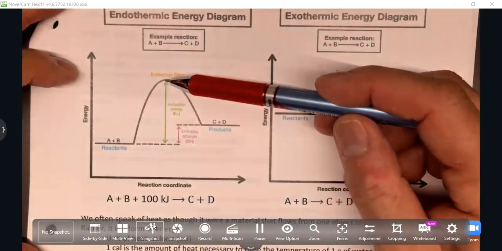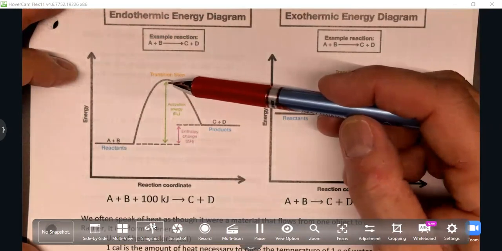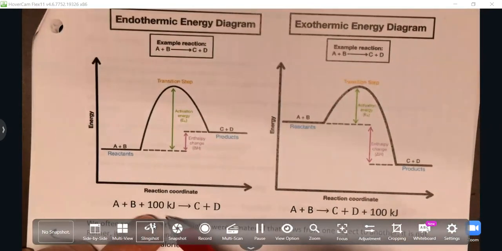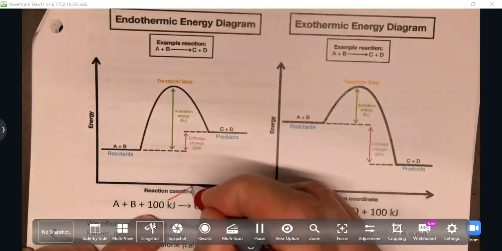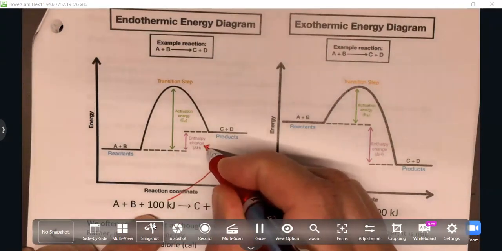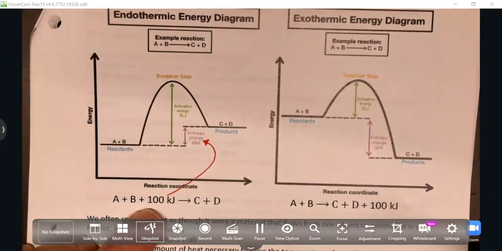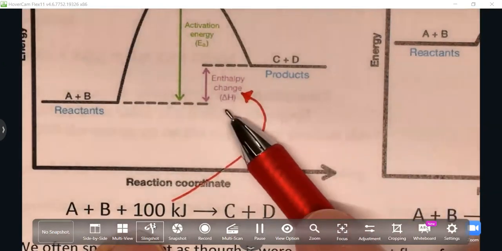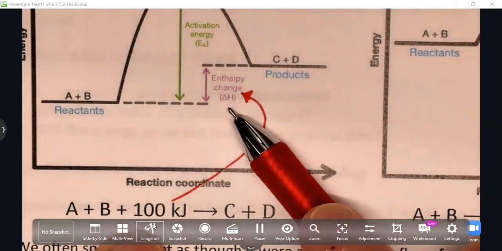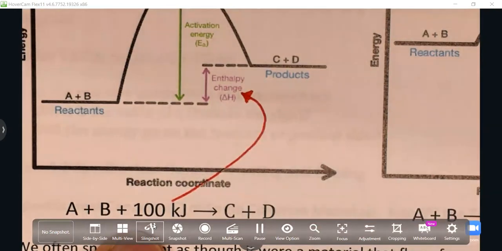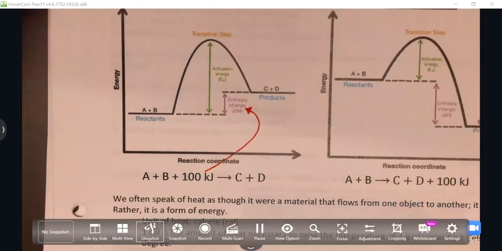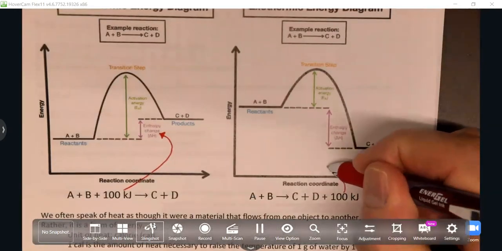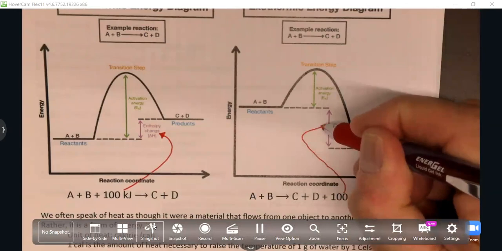You have to put activation energy in to get everything split. But the net effect here is we have to add 100 kilojoules of energy. Now notice, here's our symbol that you're going to see. This little thing is called delta H. That's what you're going to see coming up. Again, endothermic, and in this case, exothermic.